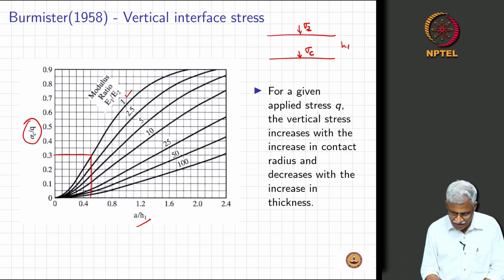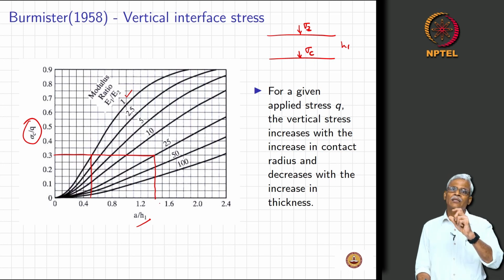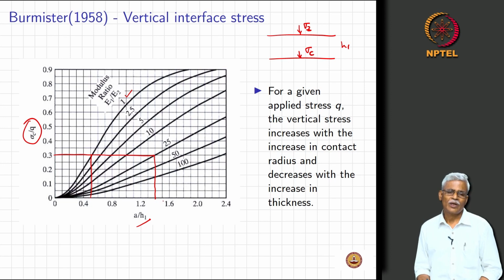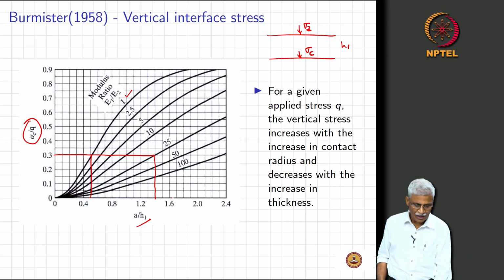But let us say you use a modulus ratio of 25, you come here and you are going to see that the thickness can be less. So, you can increase the modulus value and decrease the thickness of the material.